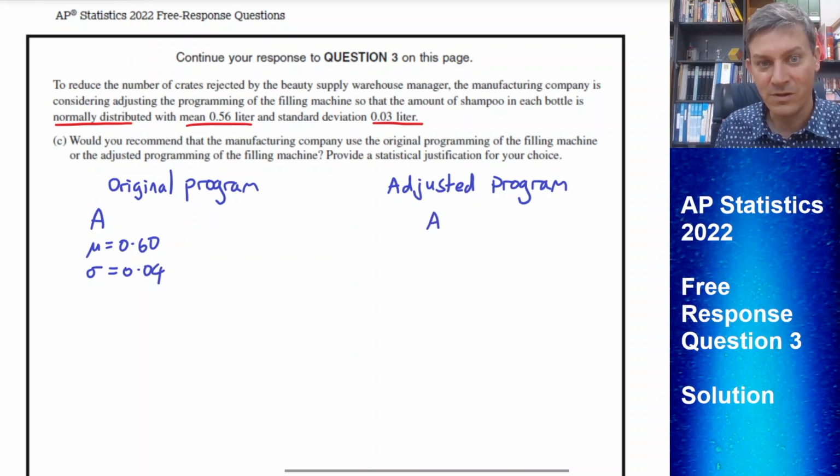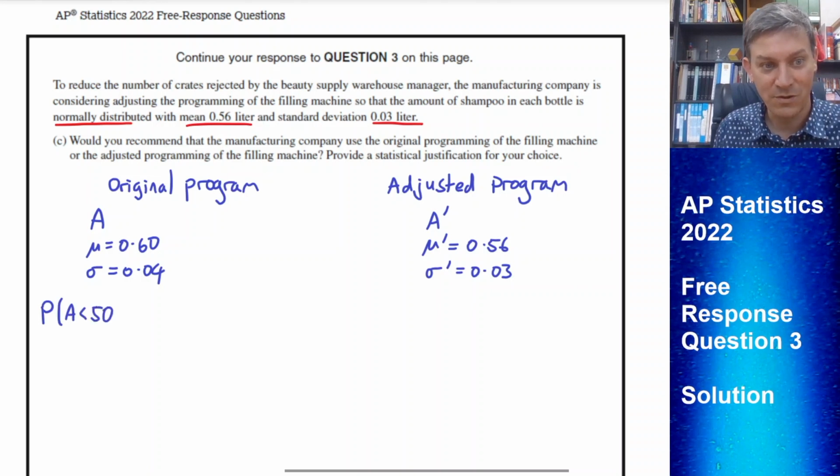The adjusted program I'll call A prime, and it has a mean of 0.56 and a standard deviation of 0.03. And we want to work out in both programs the probability of a bottle being rejected, in other words, that the volume is less than 0.50.